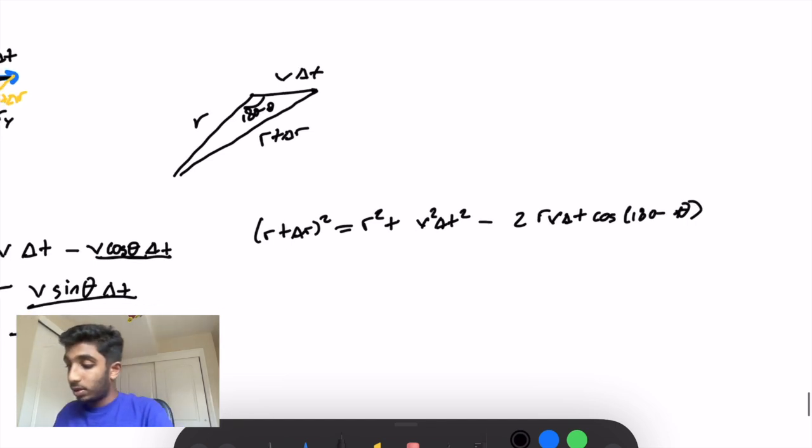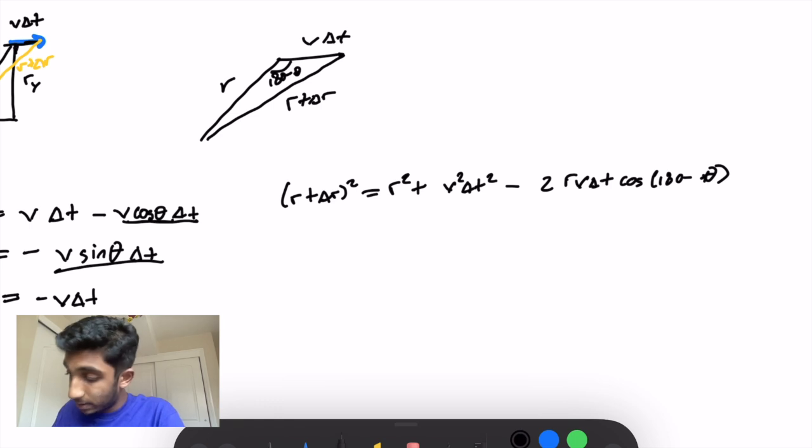Okay, so we can expand this out, and we can cancel away v squared delta t squared because delta t is really small, so that term is really insignificant. And the same thing, when we expand this out, we'll get delta r squared.